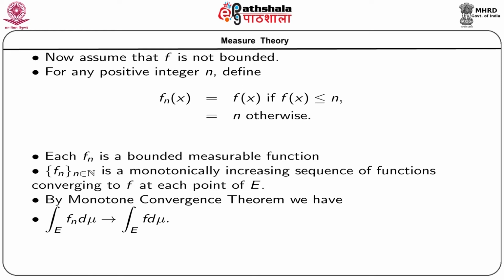Now, we can apply the monotone convergence theorem on this monotonically increasing sequence of measurable functions f n, and by the monotone convergence theorem we have integral over E f n d mu converges to integral over E f d mu.